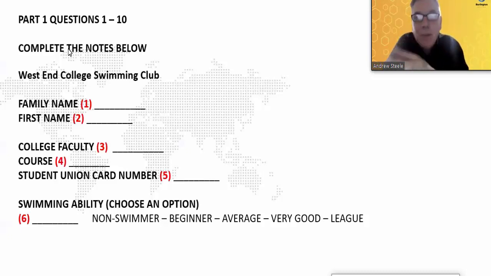So I need to be listening out for the name of a course or something that sounds like it's the name of a course. So they're not trying to predict the answer. They're trying to predict the type of answer that they may hear, and that will give them important information about what they need to listen out for on the recording.